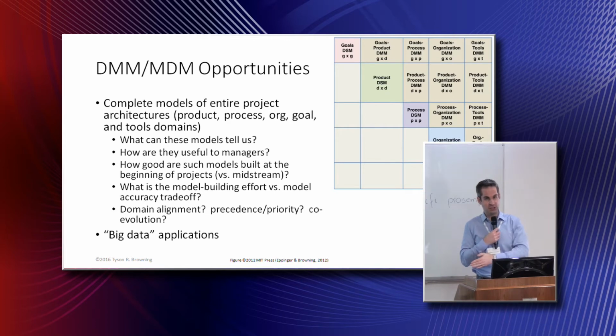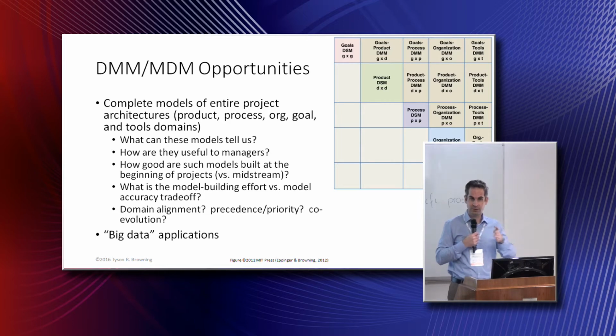But what about the genesis of the project when a lot of that stuff is really fuzzy? The fuzzy front end, as it's sometimes called. How good of a model of any of these areas can you really build at that point? And then as you progress through a project, how quickly, how easily can you make your model better, more accurate? And how would you know?